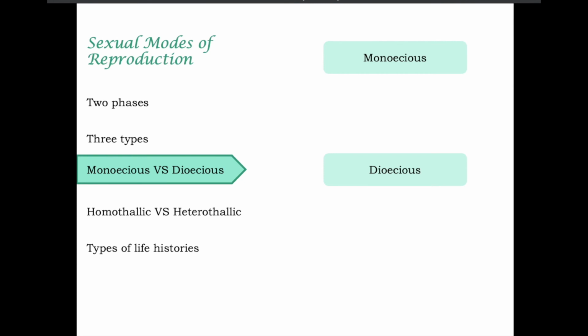Now for your dioecious, the two types of gametes.